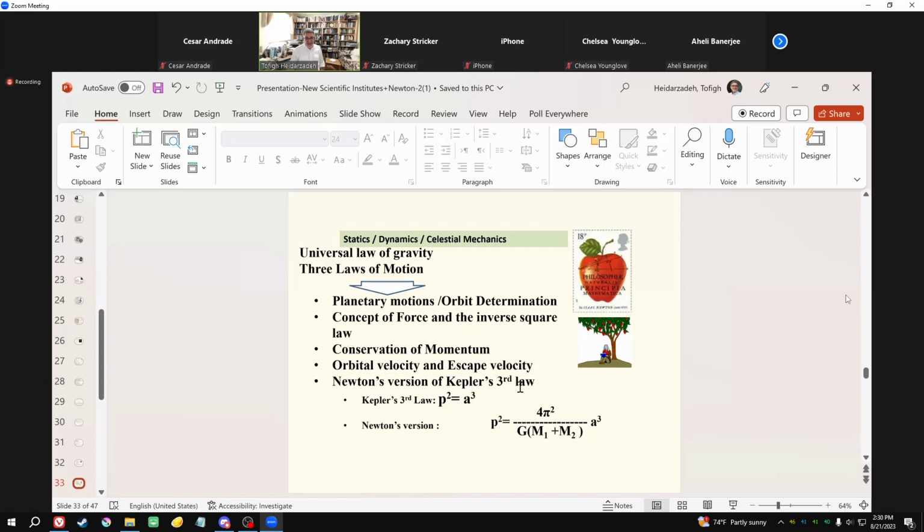And then you find out the same thing: mass of Jupiter plus mass of satellite. And with a very good estimation you can say that the mass of the satellite compared to the mass of Jupiter is negligible, because Jupiter is the biggest planet in the solar system. Then you find out the mass of Jupiter.